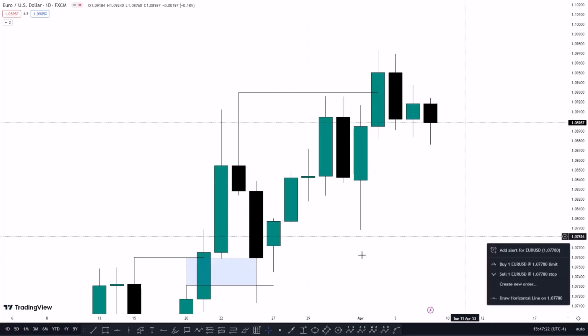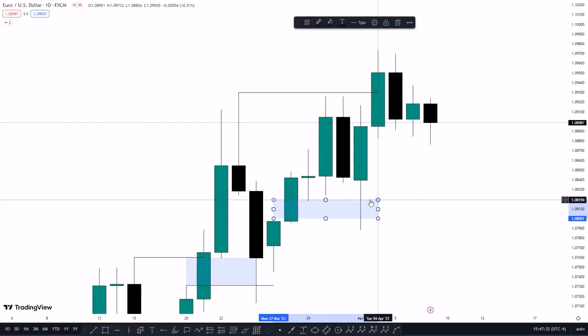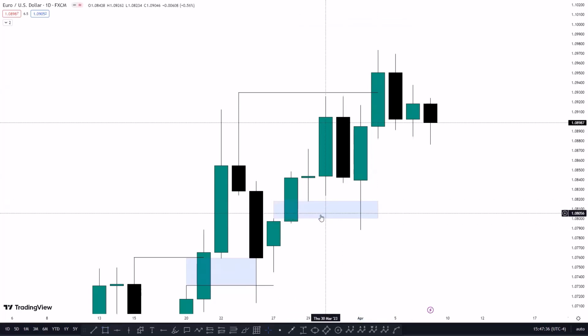You are working on the daily candles, right? Try to see. We have imbalance here. You have imbalance here. You have imbalance here. Market comes back to fill it, trades lower, and then starts going higher, right? So everything you see is internal structure.